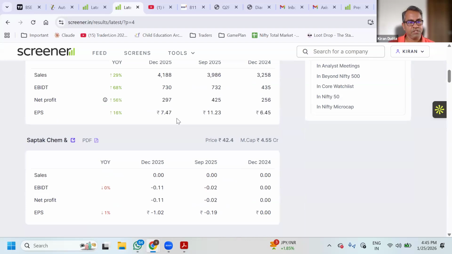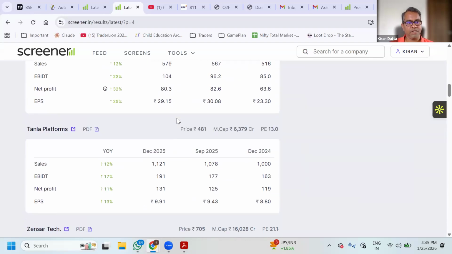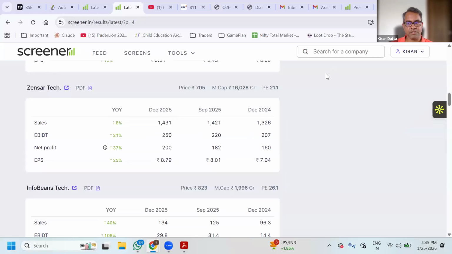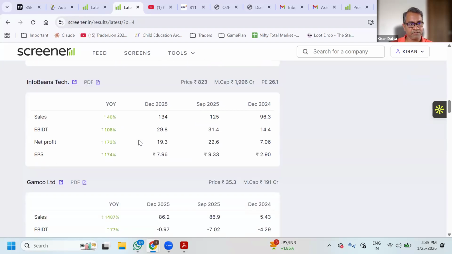Anyway, what you can do at the end of every day is click on that, and then you will see what companies generated returns here. You need not focus on all this. Here YOY is where you will actually see a lot of green. I think Infobeans Tech went really well the other day.